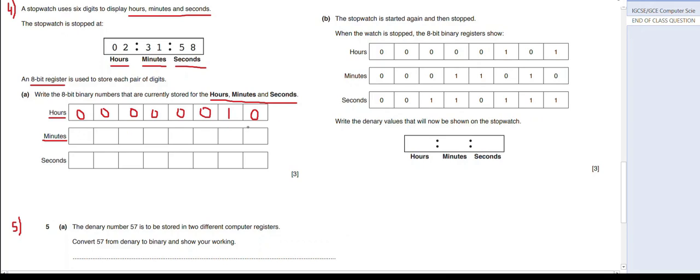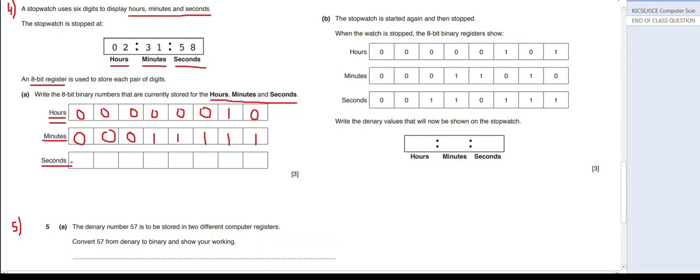The minutes is 31. By the trial and error method, as we used in the hours, now place ones in the appropriate positions so that when we add the corresponding headings, the answer becomes 31. That will be 0, 0, 0, 1, 1, 1, 1, 1.